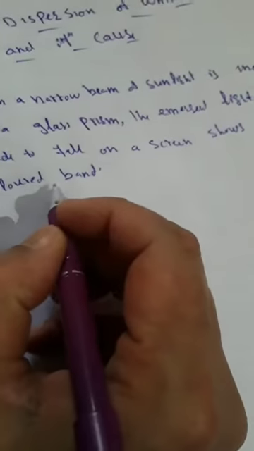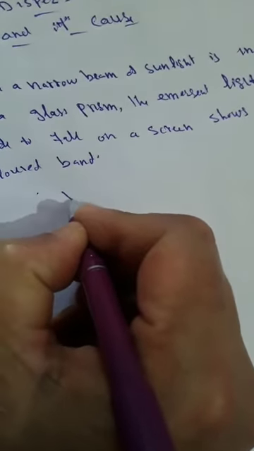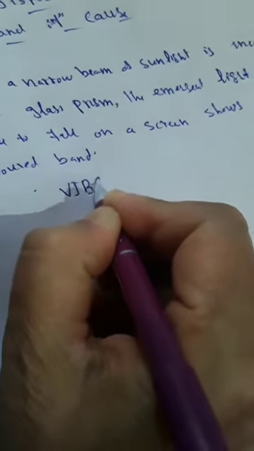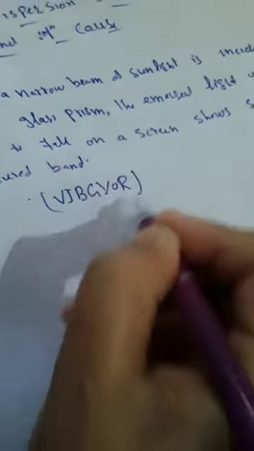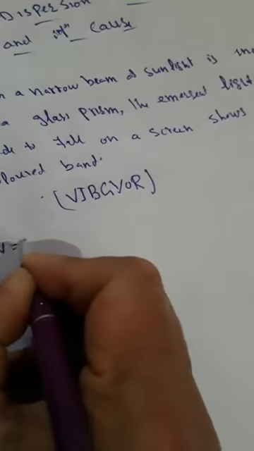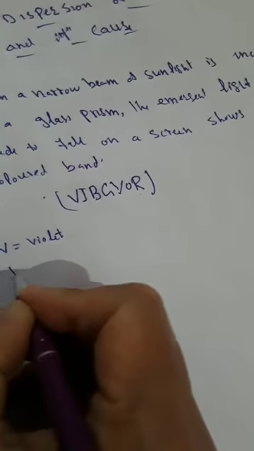The first color which we observe, we can also write it as VIBGYOR. V stands for violet. I stands for indigo.